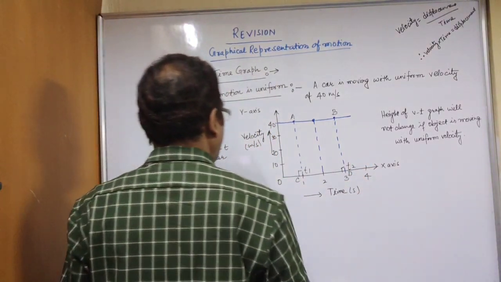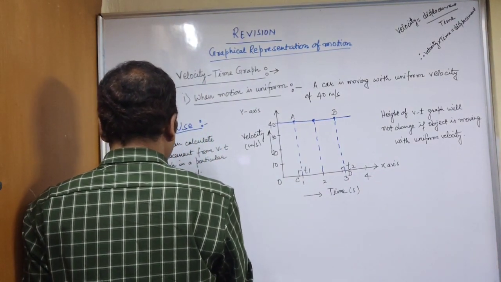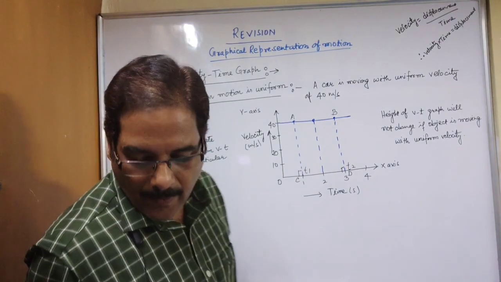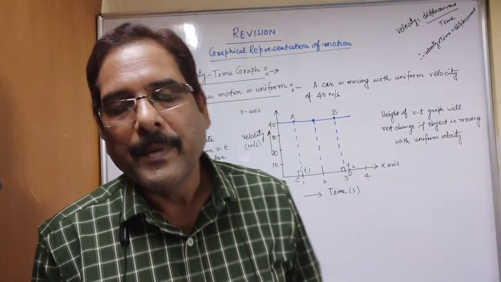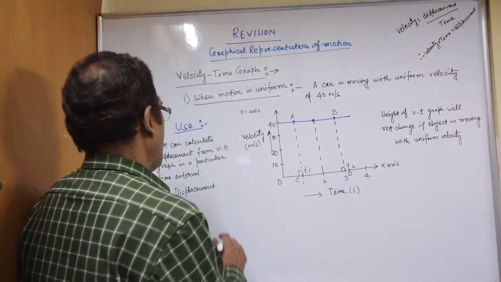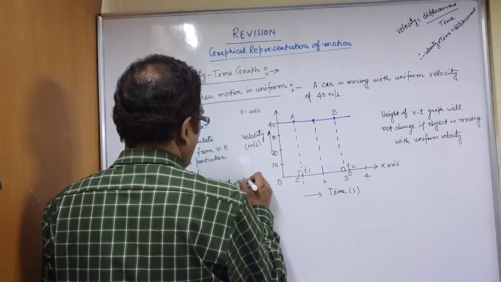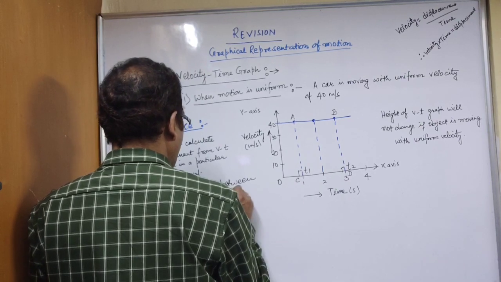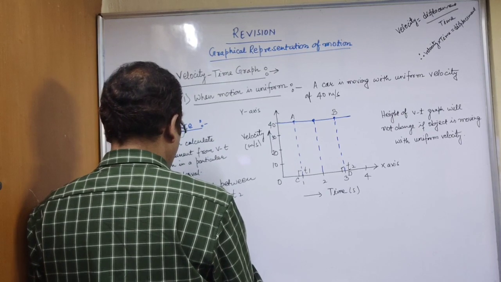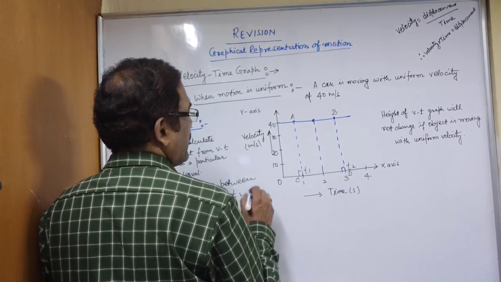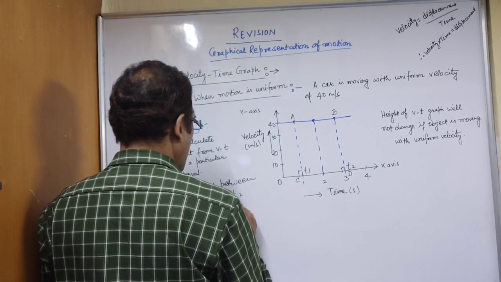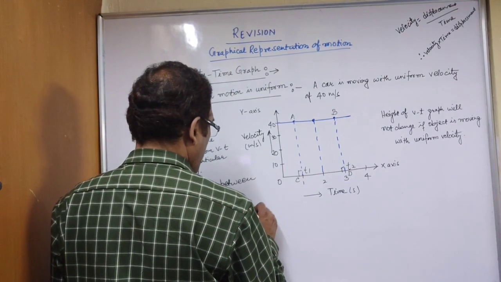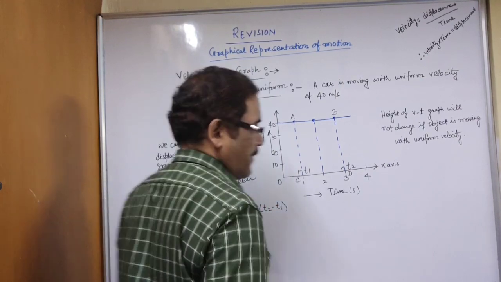So if you have to calculate the displacement between the time interval t1 and t2, then if we represent displacement by letter S, it will be AC or BD into t2 minus t1, like this.